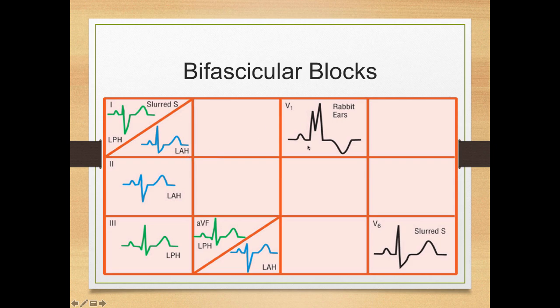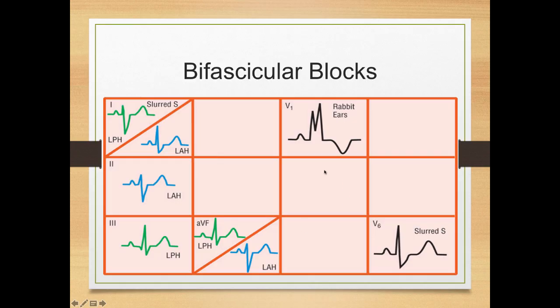So I'm going to have a right bundle branch block and either right axis deviation. So lead 1 is down, AVF is up. That's right axis deviation.